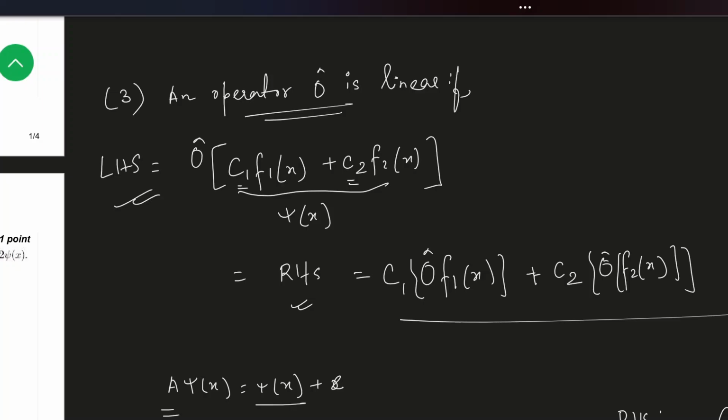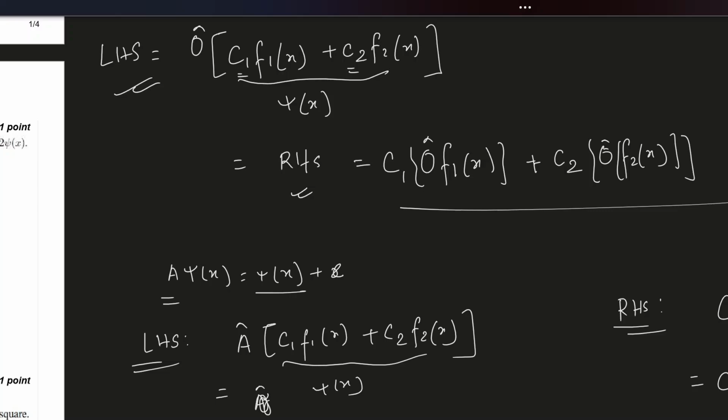So c1 A cap acting on f1(x) is f1(x) plus x, plus c2 acting on f2(x) plus x. So it is basically c1 f1(x) plus c2 f2(x) plus (c1 plus c2) times x.